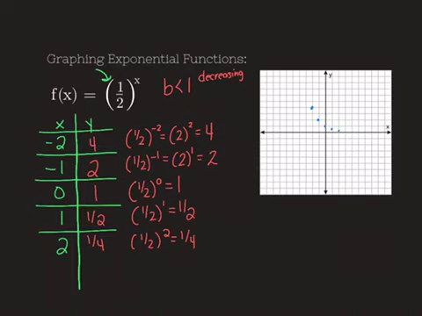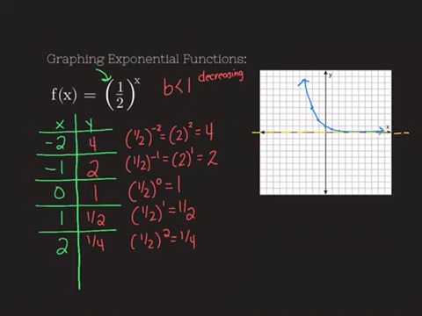They're just decreasing now instead of increasing. And you'll notice too that when we go to connect these, we are still decreasing instead of increasing. And once again, we have this horizontal asymptote at y equals 0. So my graph doesn't cross or touch the x-axis.